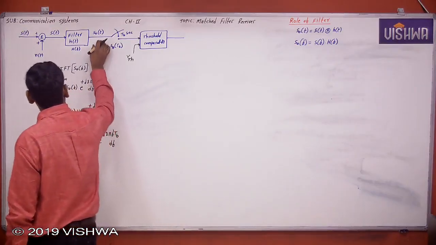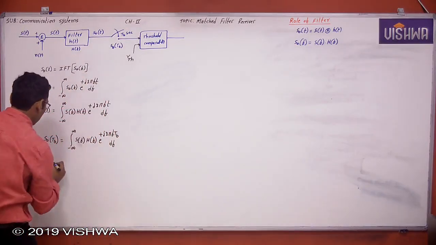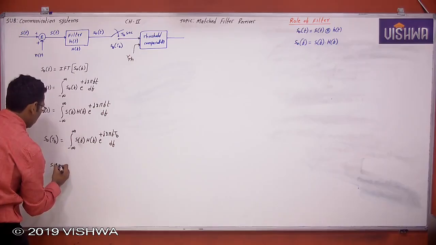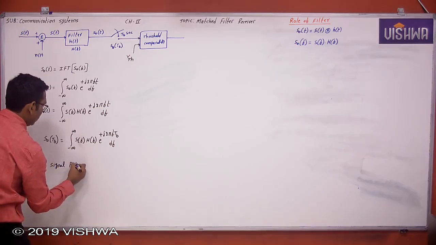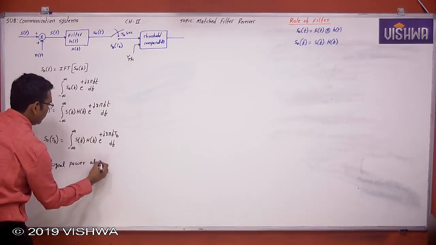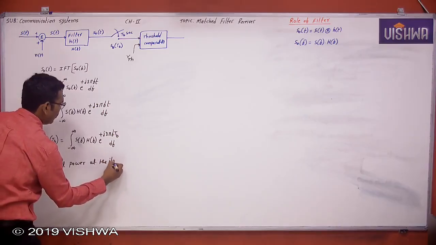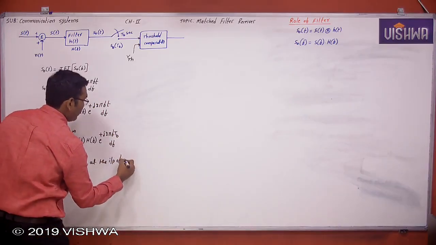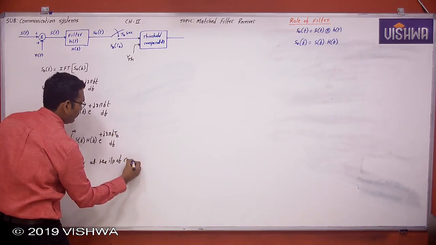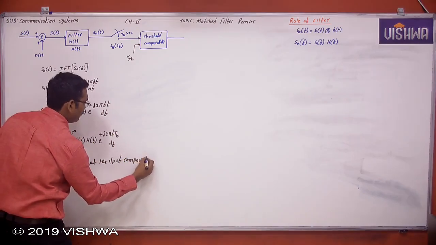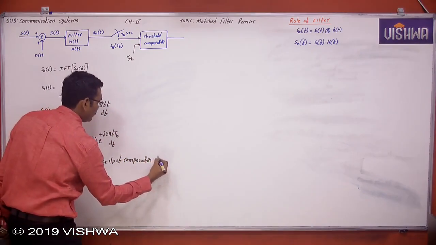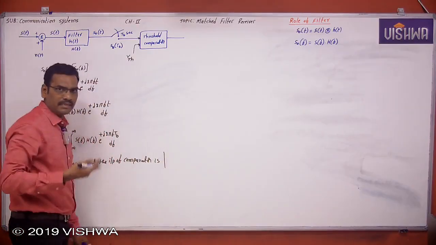But I want to maximize this. Now the signal power at the input of the comparator, the threshold comparator, is what we maximize.